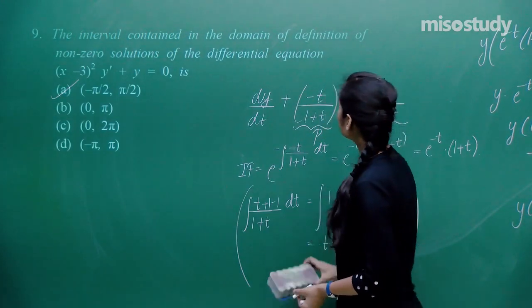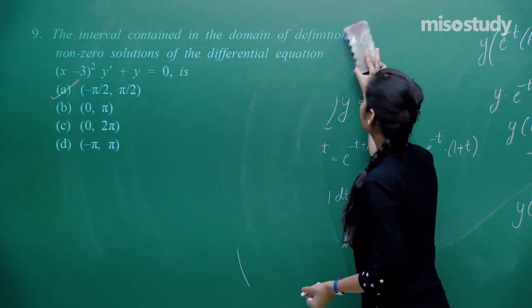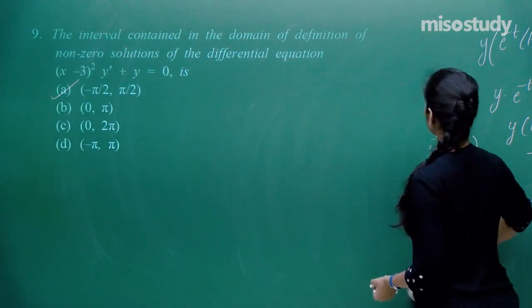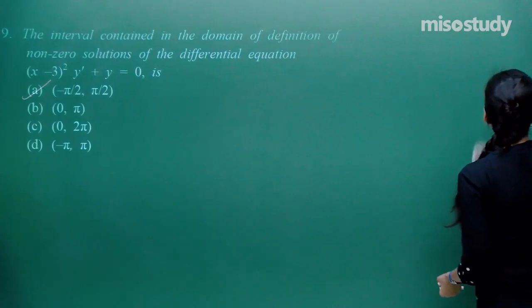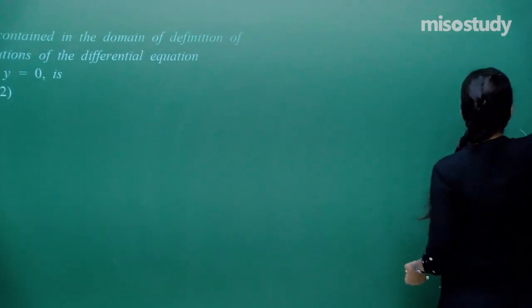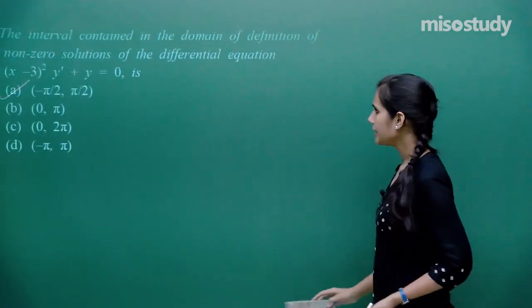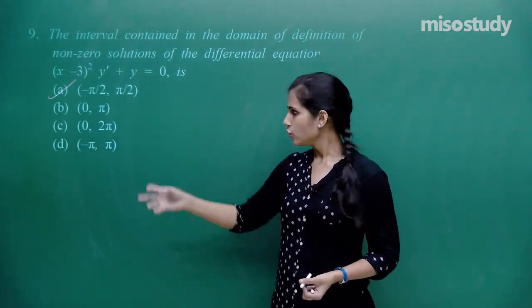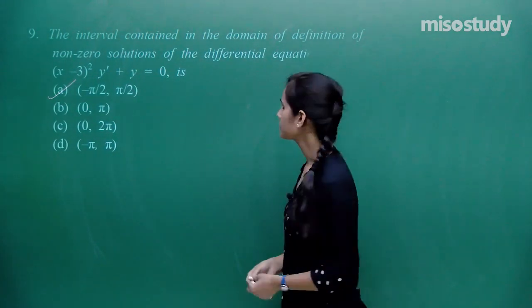Interval contained in the domain of definition of non-zero solutions of this given differential equation is what? Okay, so first of all we need to compute the solution of this differential equation and then see in the domain of the solution which interval is contained.